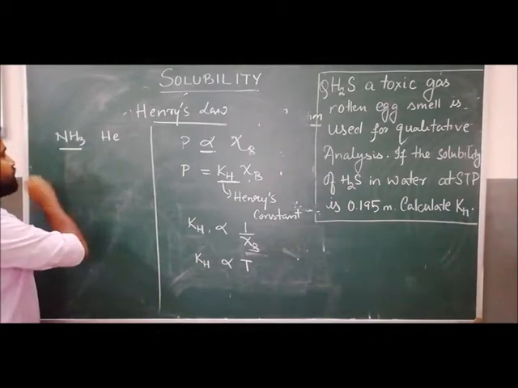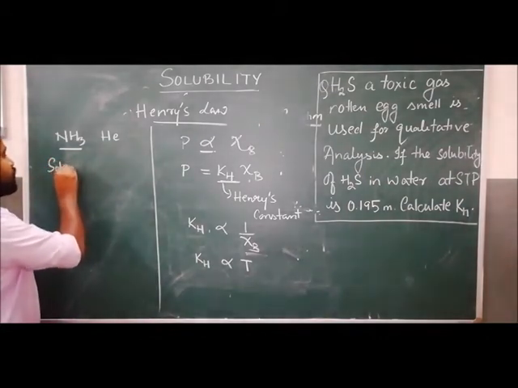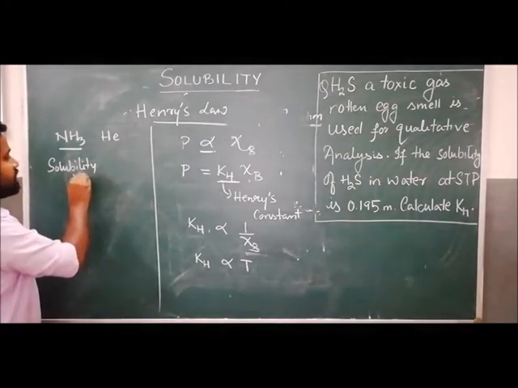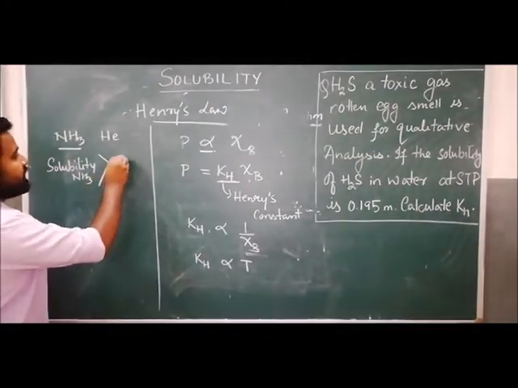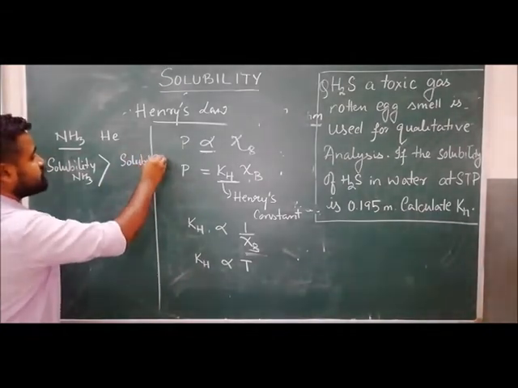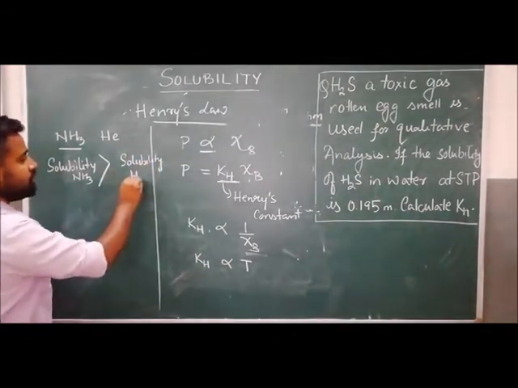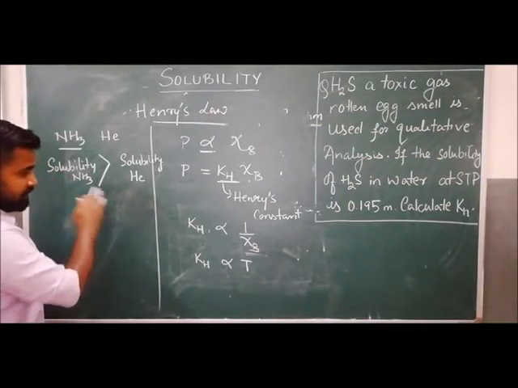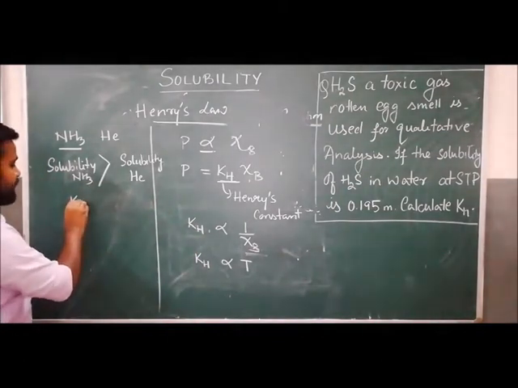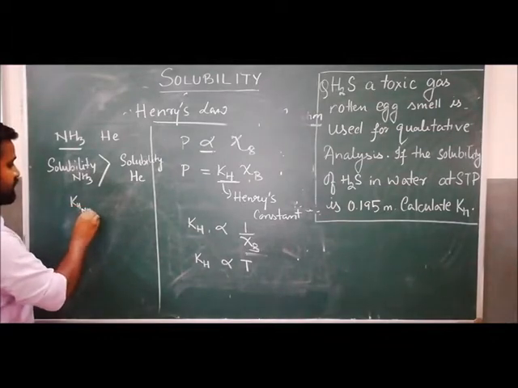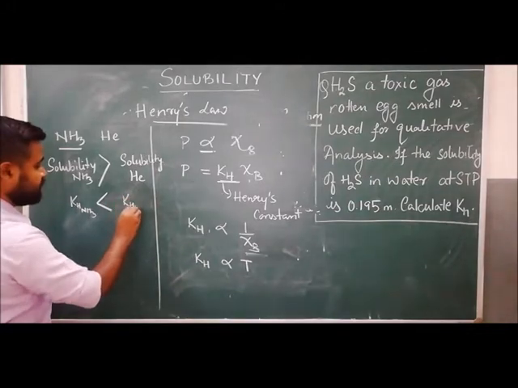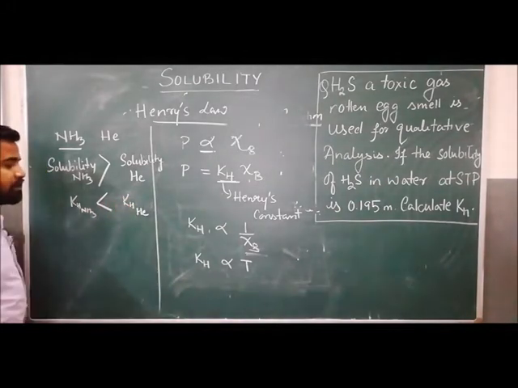That's why the solubility of ammonia, NH3, will be more than the solubility of He. So in this respect we can say that the KH value of NH3 is lower than the KH value of He.